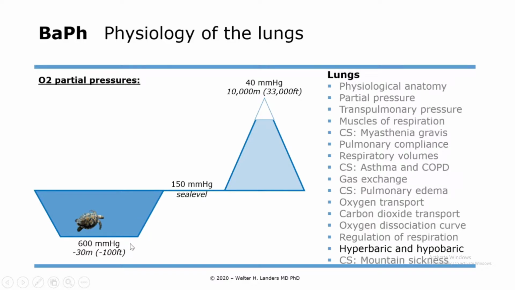Whereas if we go 100 feet under the water, then pressure of oxygen would be 600 if oxygen existed there, because that's a trick question. But you can imagine that if the atmospheric pressure is about 760 here, it's about 3,000 when you go 30 meters or 100 feet below sea level, so into the ocean.